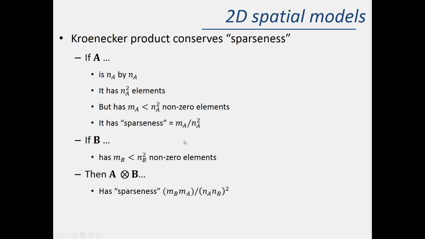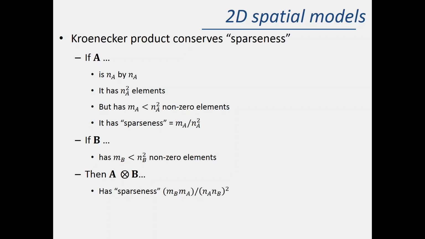Specifically, sparseness is multiplicative in this Kronecker product. So if you have an A matrix that's NA by NA, a square A matrix, but it has NA non-zero elements, so defining sparseness as NA divided by the total number of elements, and B does the same thing, then the Kronecker product has sparseness equal to the product of those two.